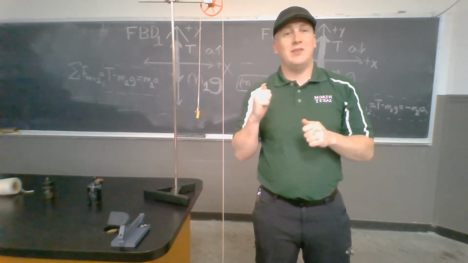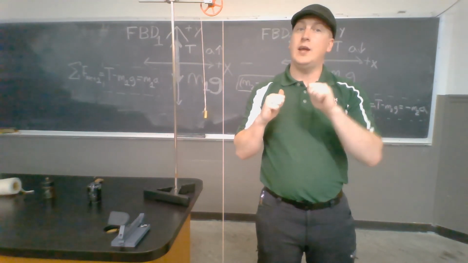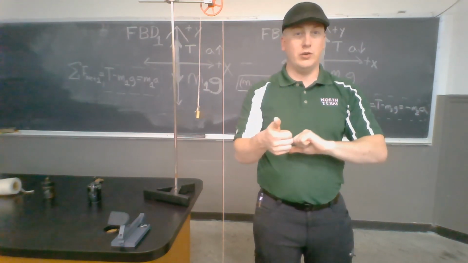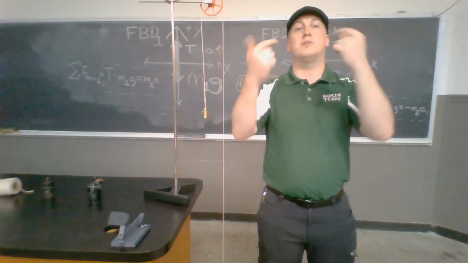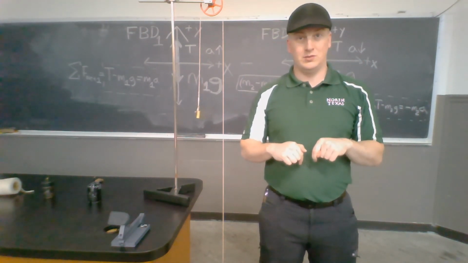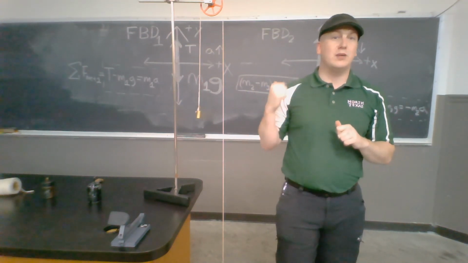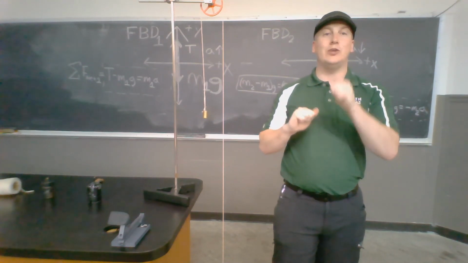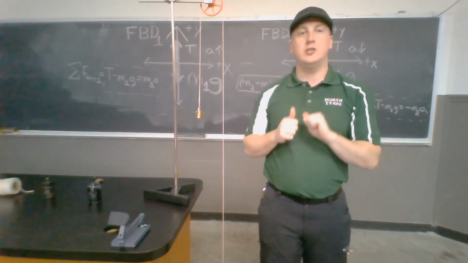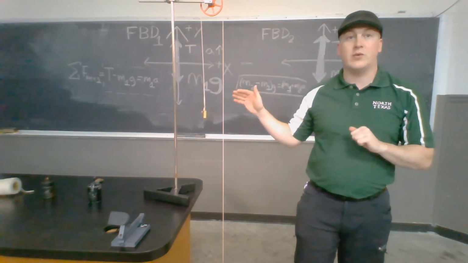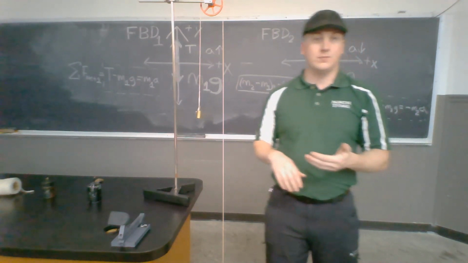If we got a negative number, it might indicate that all the accelerations you chose were actually supposed to be in the opposite direction. So don't get discouraged if you get a negative acceleration when you expected a positive. This just might mean that you chose the wrong direction initially on your free body diagrams for the acceleration.